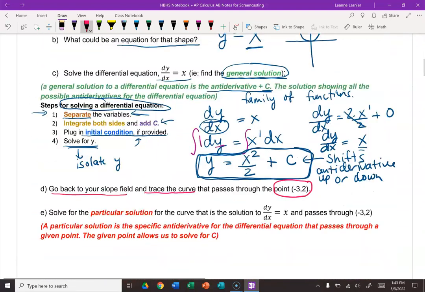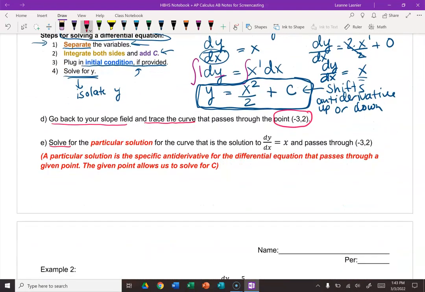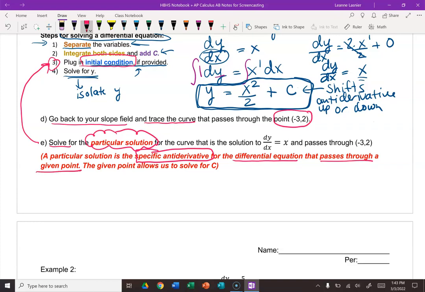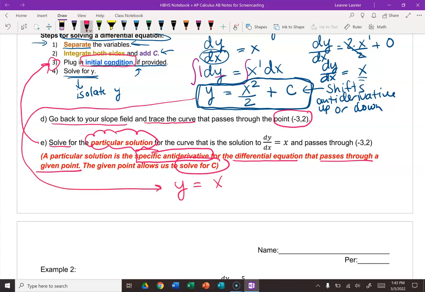And now what I'm going to do is solve for it by doing step 3 above, right? Step 3, plugging in the initial condition, is what we do when we're asked to find a particular solution, which does not have a plus c, right? It's a specific antiderivative for the differential equation that passes through a particular point, and therefore we solve for c. So I'm going to take it from where we left off. So we left off at y equals x squared over 2 plus c, and I'm going to go ahead and plug in these ordered pairs.